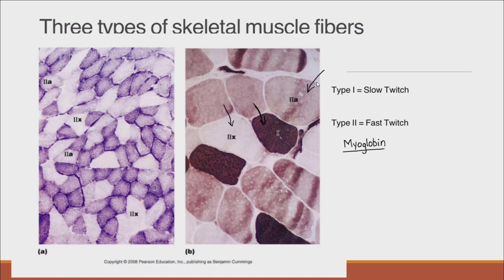So the prefix myo means muscle, and globin, does that look familiar to you at all? Doesn't it kind of look like hemoglobin? But it's the hemoglobin for a muscle cell. In other words, we have a large protein called myoglobin that has iron in it. So this protein is rich in iron, whose job it is to attract oxygen and store it.